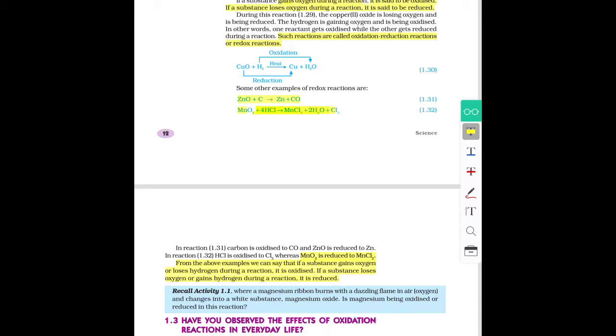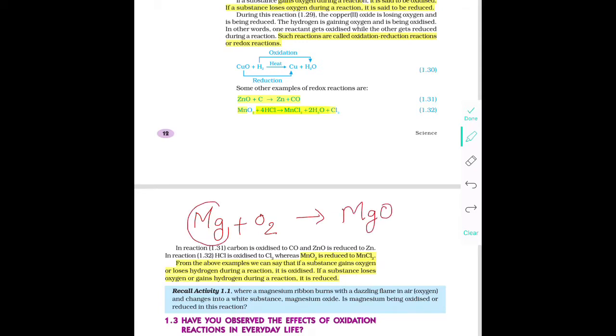Yes, we can observe that when Mg is reacting with O2, it gives MgO. So, Mg gained oxygen. When it gains oxygen, it means oxidation has occurred. So, Mg underwent oxidation to form MgO. I hope this is very clear from this topic.